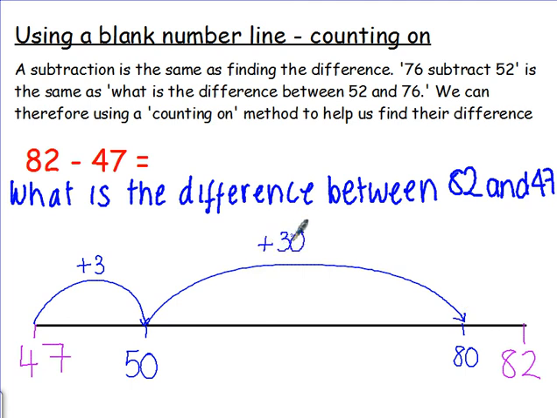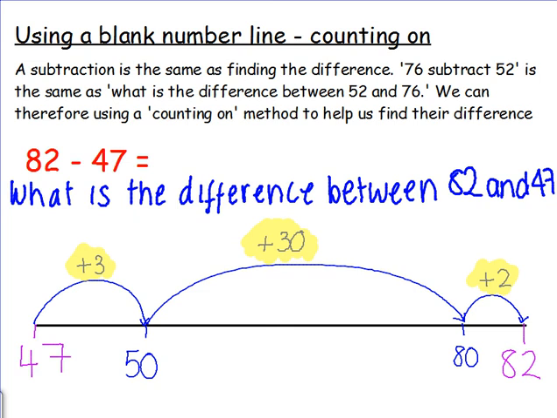I'm still not quite at 82. I need to add on another 2 units. So now, if I look, I added on 3, added on another 30, and added on another 2. You can use column addition if you want to work out what 3 add 30 add 2 is.